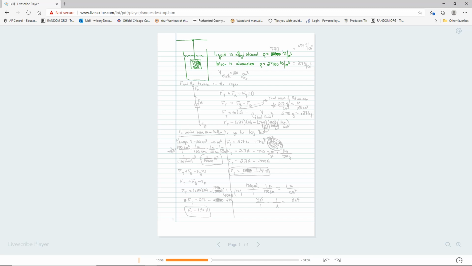The ethyl alcohol is not given. It's in the book though, so that's the bulk modulus. I don't need that. Ethyl alcohol. Here's the little table.